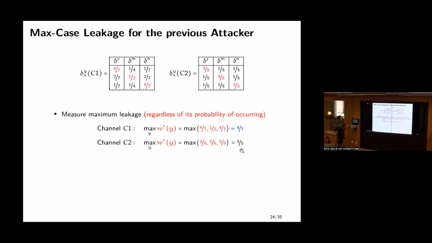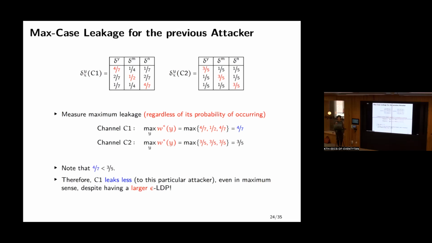So again, you see that 4/7 is smaller than 3/5. And even in a maximum sense, there exists an adversary for which channel 1 leaks less compared to channel 2, despite having a larger epsilon value. And this is in the maximum sense, okay?